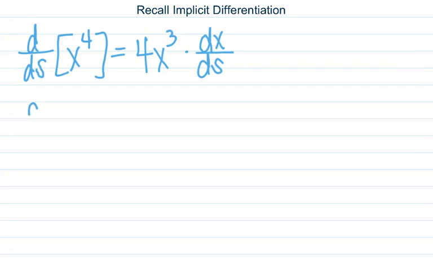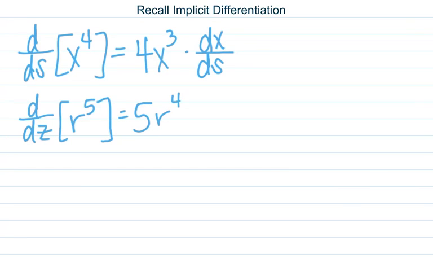What if I said differentiate with respect to z, r to the fifth? What would you say? We would say 5r to the fourth times dr over dz. See the pattern?